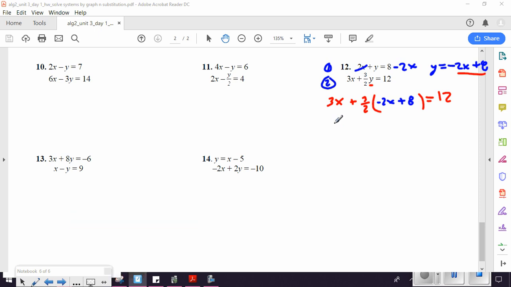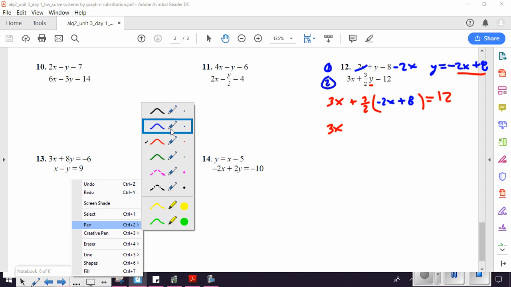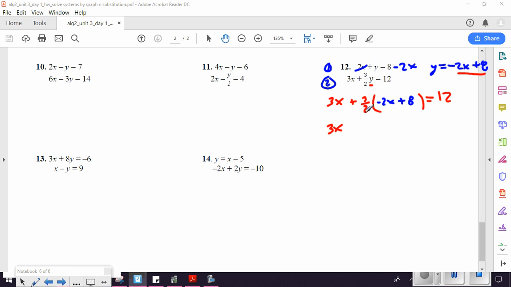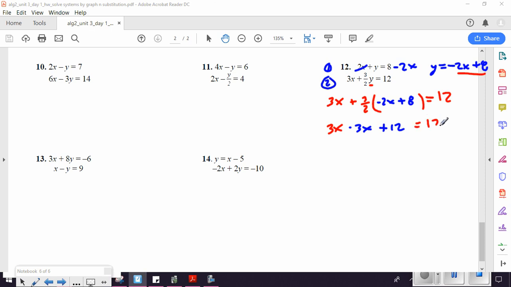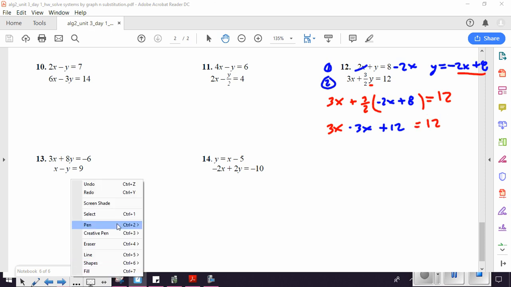Now let's distribute. Bring down the 3x. So 3 over 2 times negative 2x is a negative 3x. 3 over 2 times a positive 8 is a positive 12. Again, we have a scenario similar to the last.